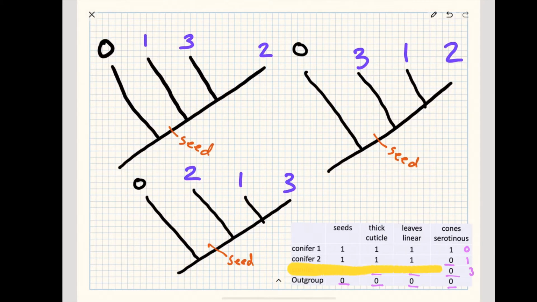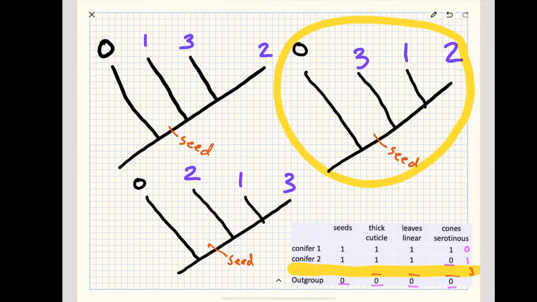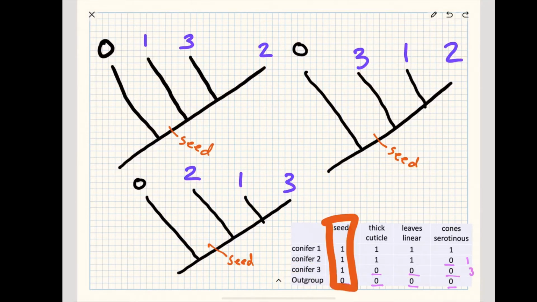Only one of those characters is derived, and that's seeds. The thick cuticle, the linear leaves, and the serotinous cones are all absent in both the outgroup and in conifer number 3. And that's why, actually, this is evidence that that top right cladogram is the most parsimonious, which is why it was just circled in yellow.